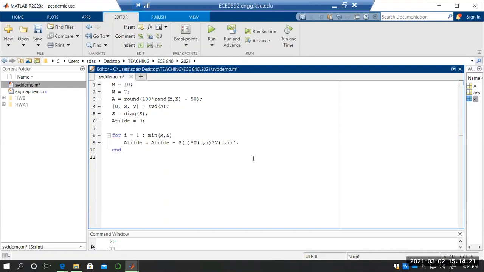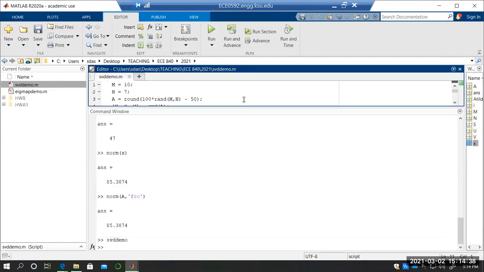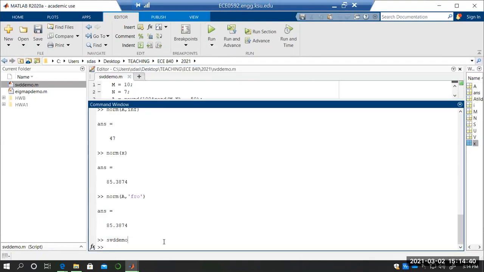And by the way, I wouldn't have done it this way. I'd have avoided the for loop, but for your understanding, I'm using the for loop. Okay, what will happen is A tilde will become equal to A at the end. Okay, and so let's run it. So what's my A?